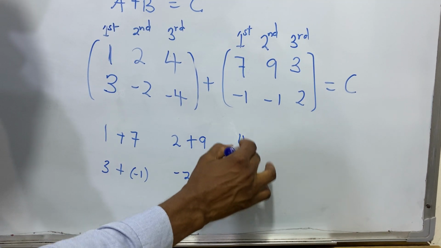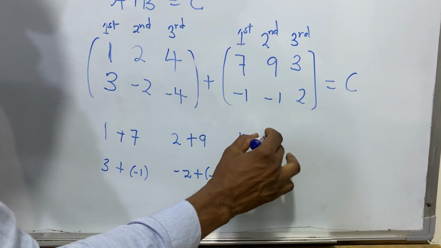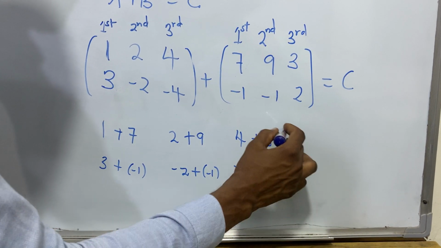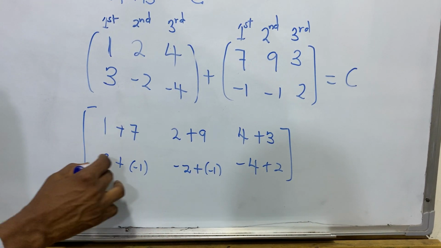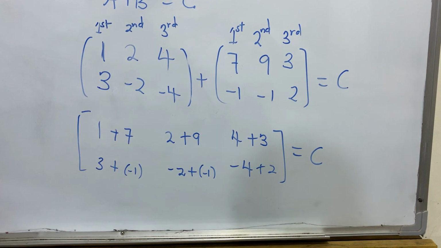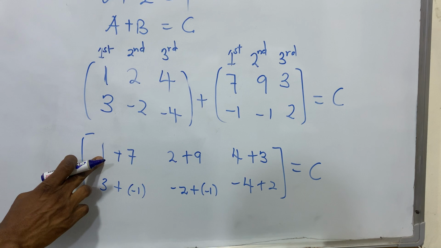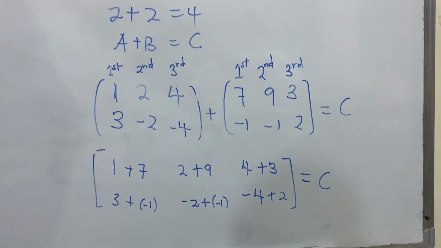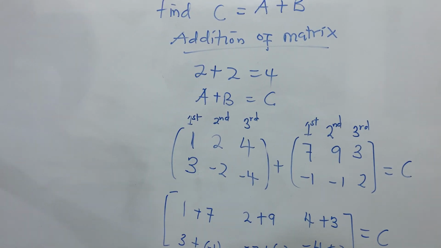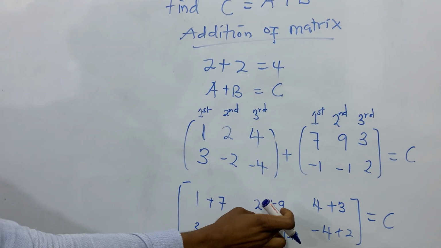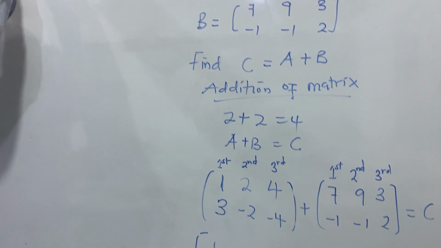So you have 4 plus 3, minus 4 plus 2, equals matrix C. So now 1 plus 7 will get 8. 2 plus 9 we get 11.